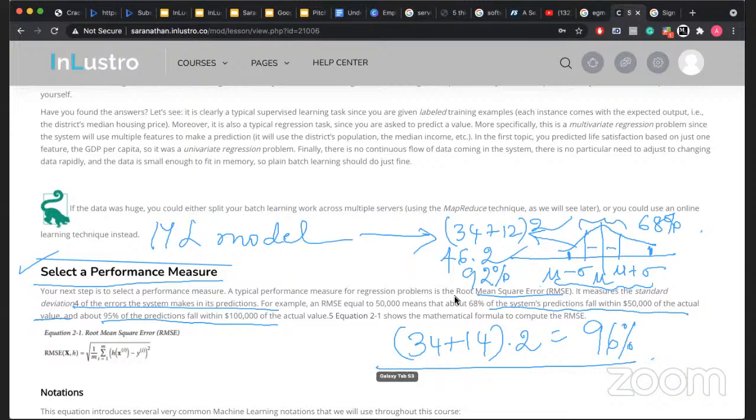And the remaining after two standard deviations, that is beyond two standard deviations, right? The remaining percentage of the data is 4%, 2% on either side.